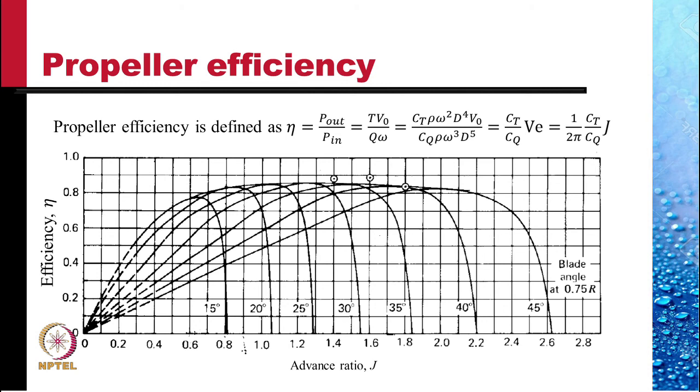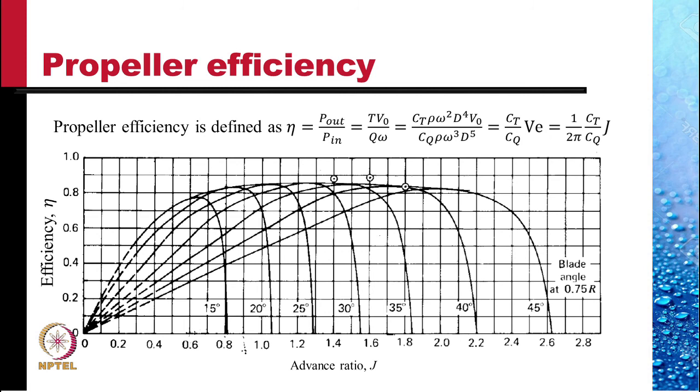The propeller efficiency is defined as P out divided by P in. And if I put for P out T V naught and for P in Q omega, then we get this as CT divided by CQ times the velocity ratio, or 1 by 2 pi CT by CQ into the advance ratio J. And for a propeller, we plot the propeller efficiency versus J. This is the kind of curve that we get for various beta, various blade angles, various pitch angles.